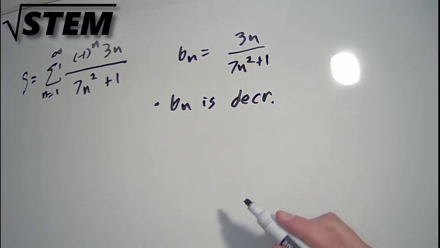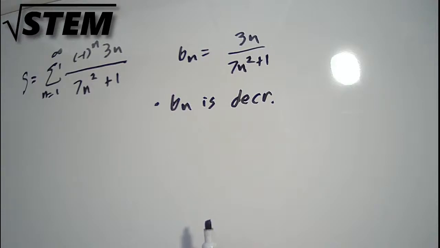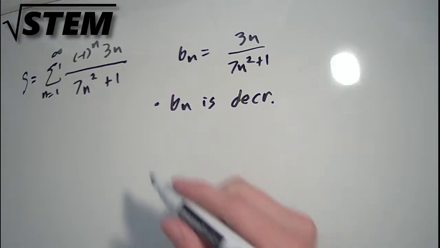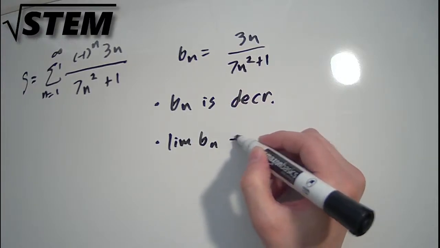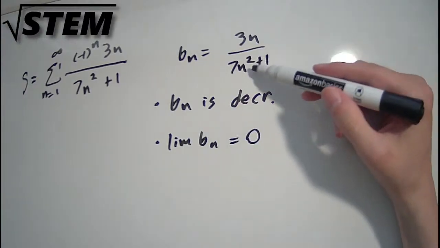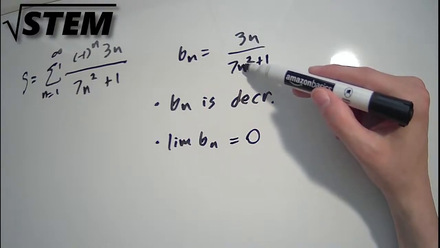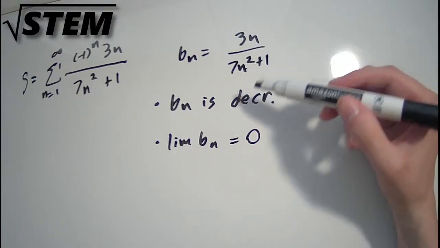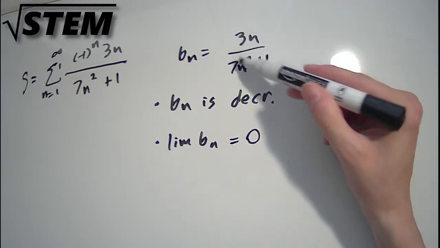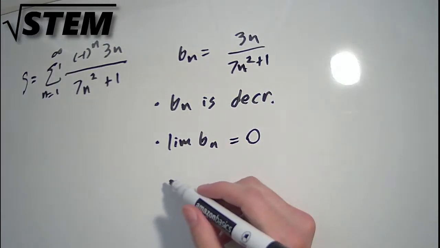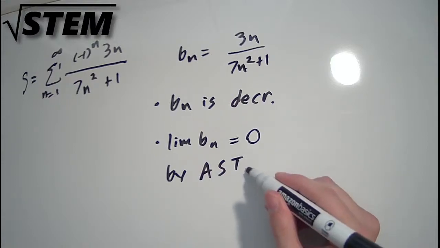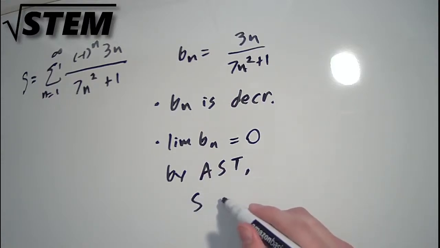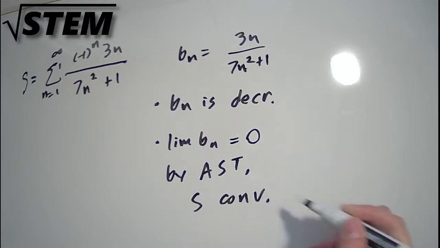And what was the other one? Oh, the limit of b_n is 0, which it is, because if we have the bigger power of n on the bottom, then as n goes to infinity, this goes to 0. So by the alternating series test, our original sum converges.